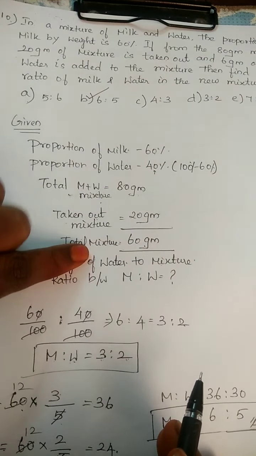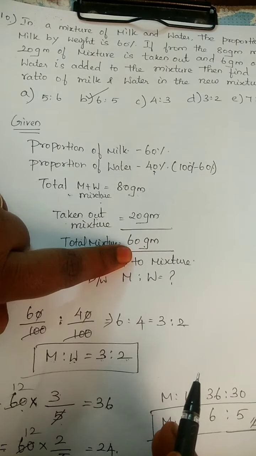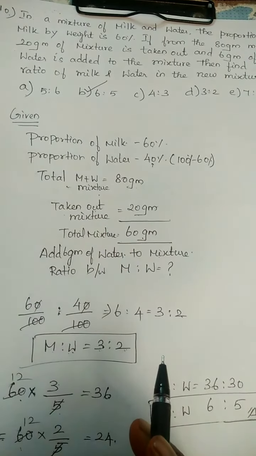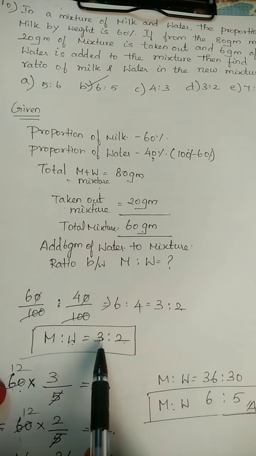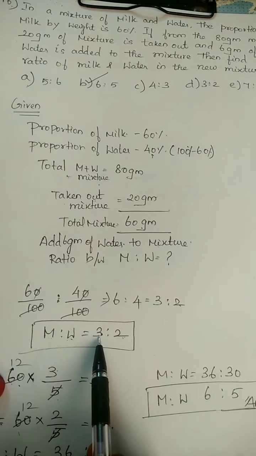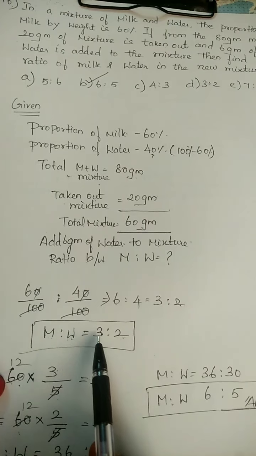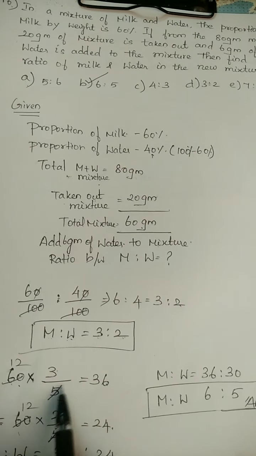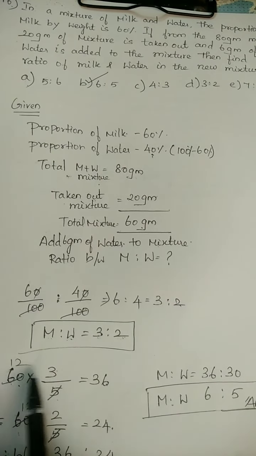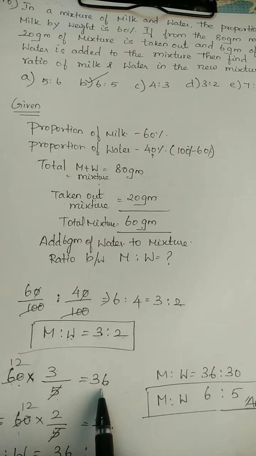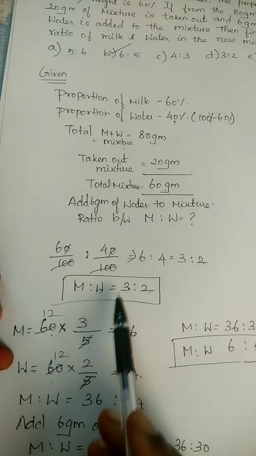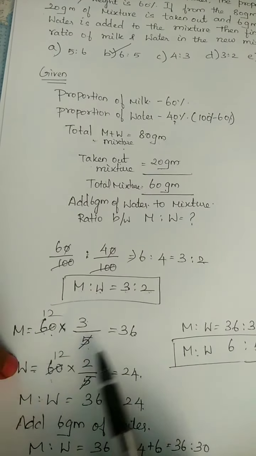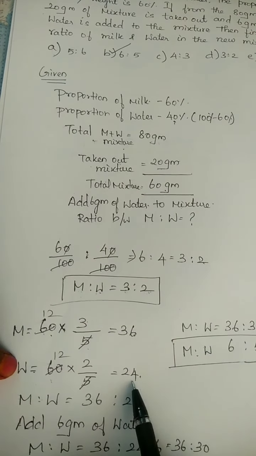For the total mixture of 60, the ratio 3 for milk and the total is 5. So multiply and divide, we will get 36 for milk, and for water 60 again, 2 divided by 5, 24.